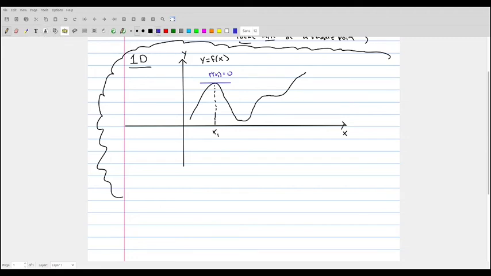Then also at this point x2 right here, the minimum of the function, that comes down and then goes up like this, we have another critical point of this function, and it is also a critical point of type 1, because the first derivative at this point, f prime at x2, is equal to 0.